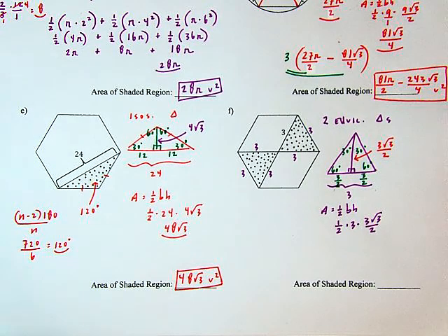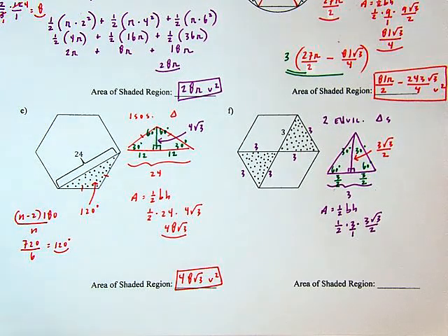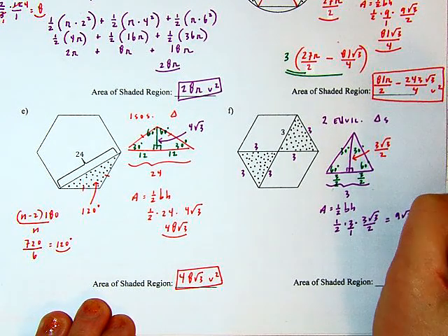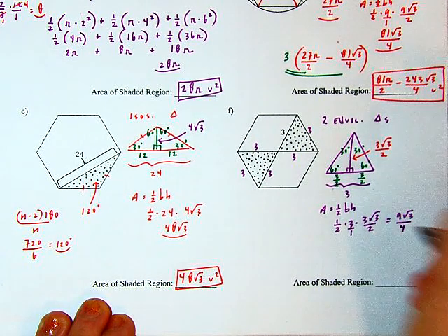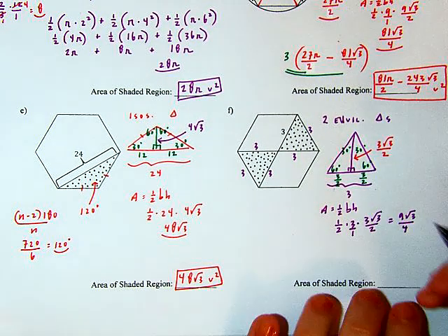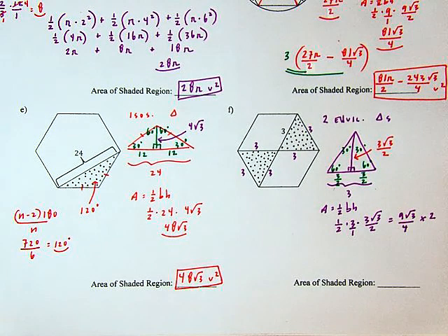Okay, again, it helps to see everything as a fraction. So I'm going to go over 1 like that. So 3 over 1. And then I can multiply all across the top. So I have 9 root 3 over 4. Okay, but I have 2 of those triangles, so I have to double. So if I double, now I have the 2 and the 4 that can reduce.